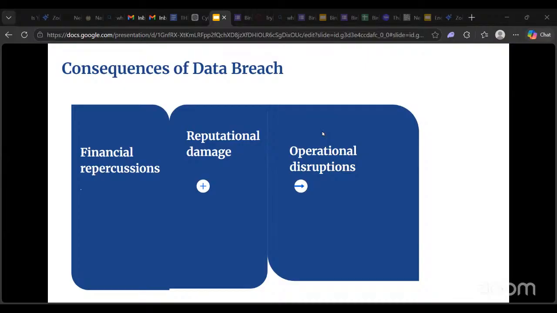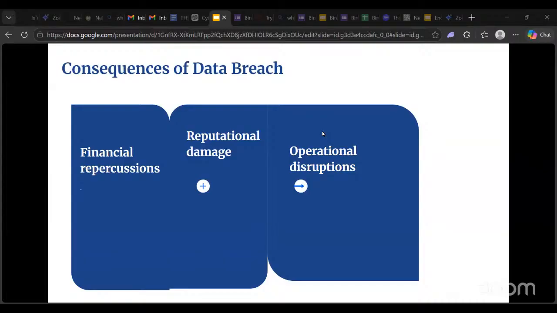The financial repercussion is going to be on the bank because there's no customer that will want to hear that his money is no longer available due to a data breach. It is the bank that will have to bear the loss of what happened. That is what we mean by financial repercussion.